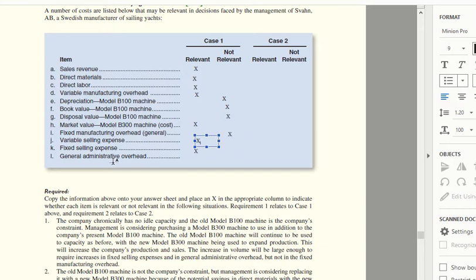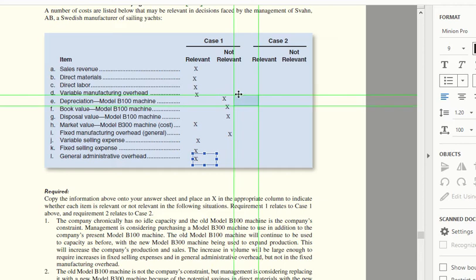General admin overhead, it said it will increase, so it's relevant. If it stayed the same, it would not be relevant, but it's increasing, and so it would be relevant. Hopefully you can see those X's okay. Line them up a little bit.